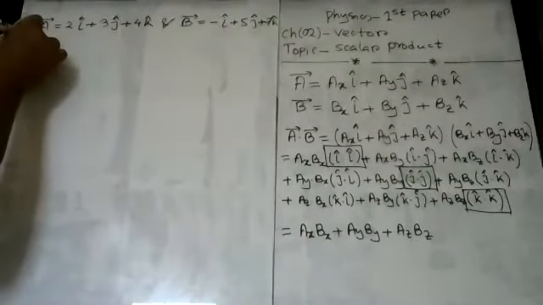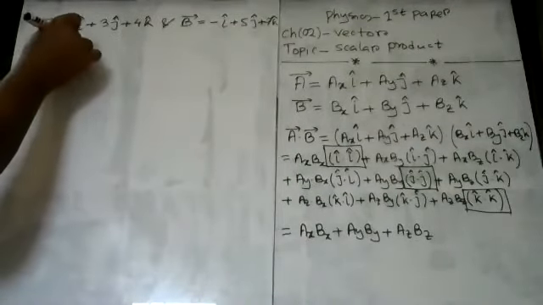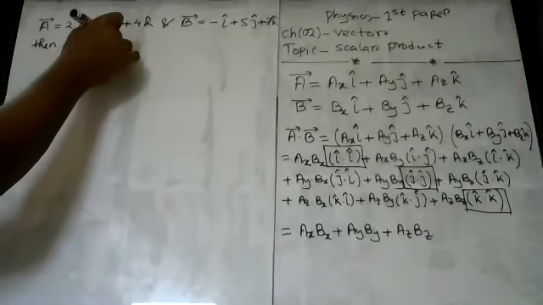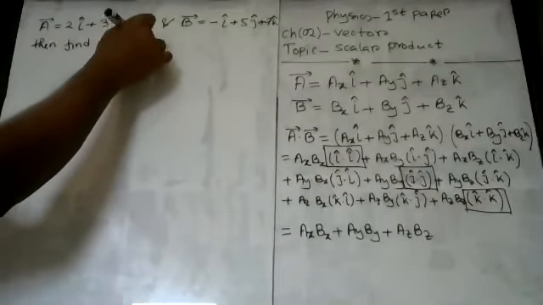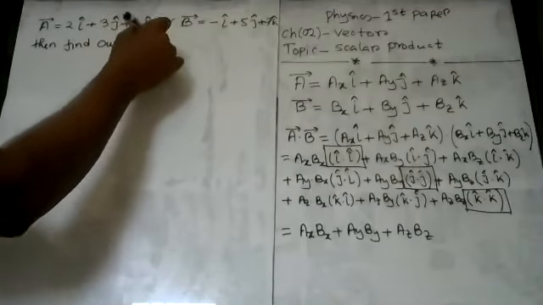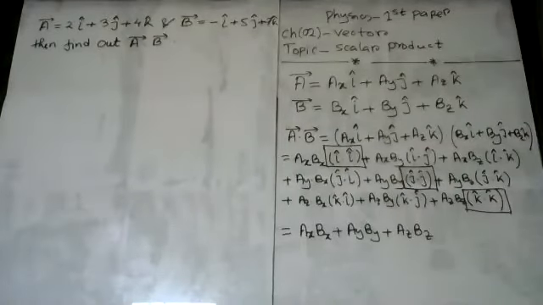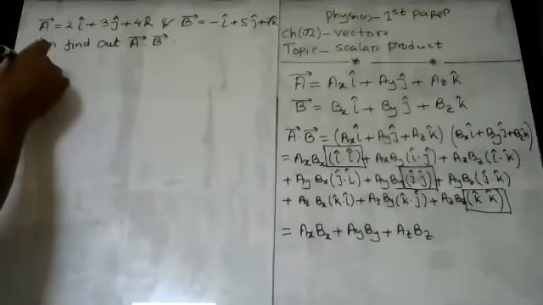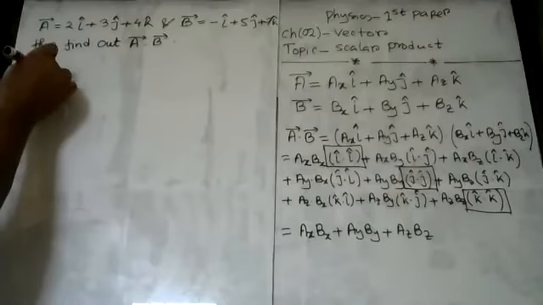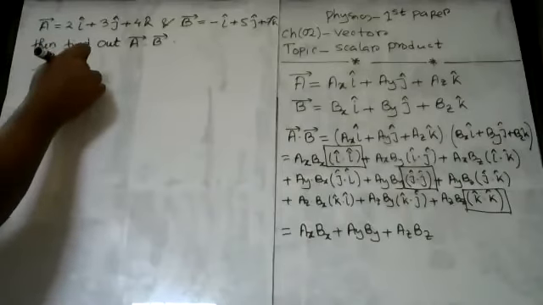Then find out vector A dot vector B, my dear student. I'm going to find the dot product. So let's see what the dot product of vector A and vector B is.